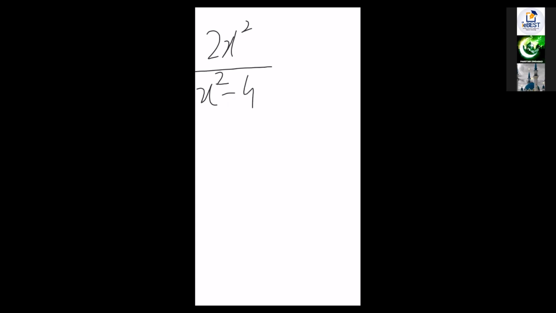And then we're going to write x squared minus 4. And then we're going to write 1 divided by x plus 2. Now the question is coming in the same terms: the first rational expression, the second rational expression, and the third rational expression as well.